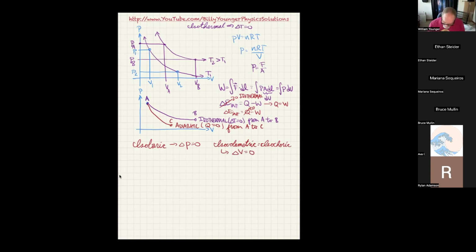So that's another process. And in fact, you can represent it on a P versus V diagram very easily. There's V, there's P. That's isobaric. And then I can do a P versus V diagram for isovolumetric, and you'd see there's A and there's B, and that's a vertical line. Makes sense, right?